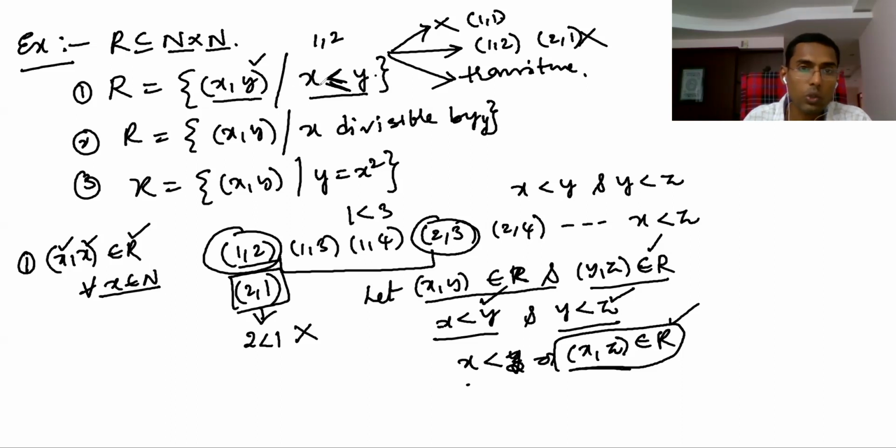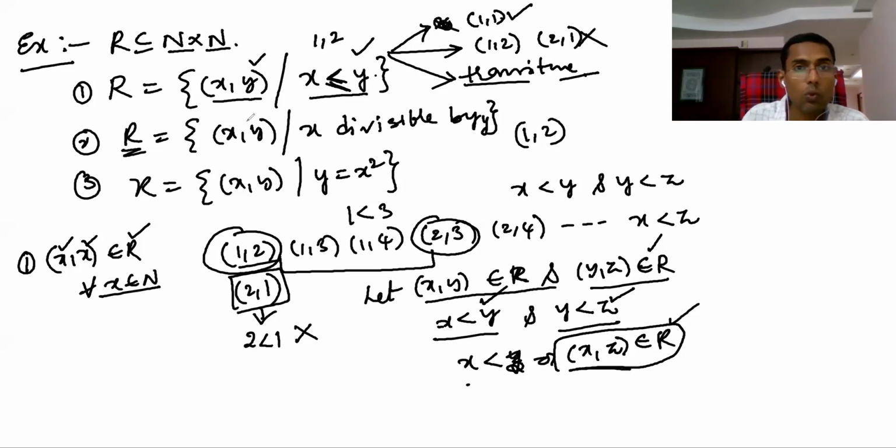That means (1,1) will be there, (2,2), (3,3), (4,4). Therefore it is reflexive, but it can't be symmetric. Why? (1,2) will be there, but (2,1) won't be there. It is transitive, because x less than y, y less than z means x less than z will happen. So now this becomes reflexive and transitive.